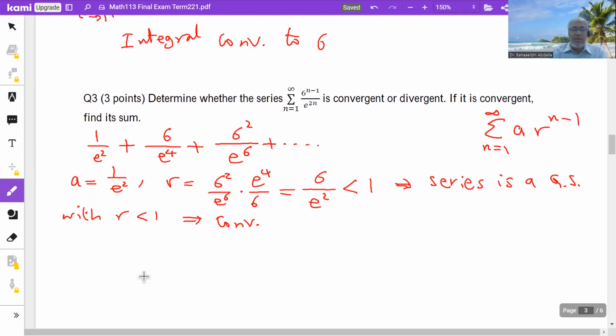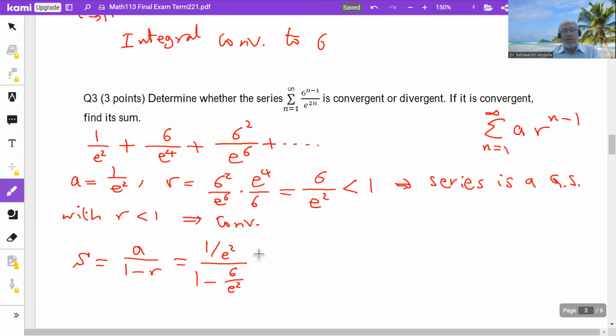How to find the sum? Well, the sum is, by definition, a over 1 minus r. So what is a? The first term, 1 over e squared, over 1 minus r. What is r? 6 over e squared.